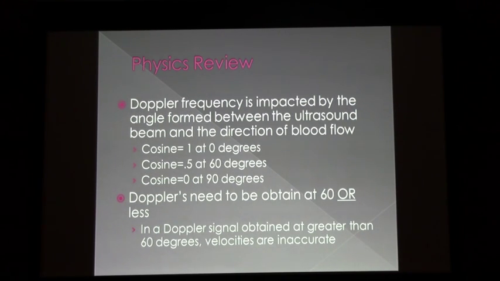And then at 90 degrees, our cosine is 0. So if your angle is at 90 degrees, multiply it by 0, we get no information ever. Dopplers need to be obtained at an angle of 60 degrees or less. If they're greater than 60 degrees, they become inaccurate.